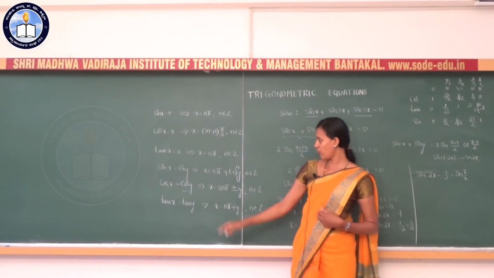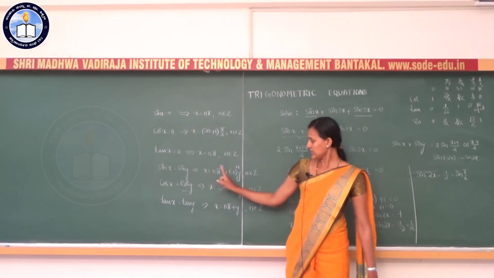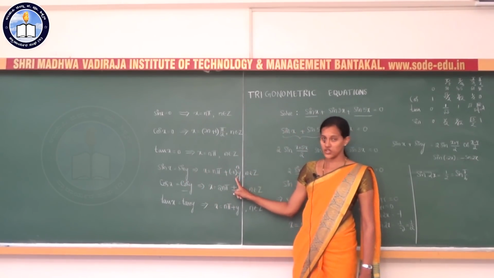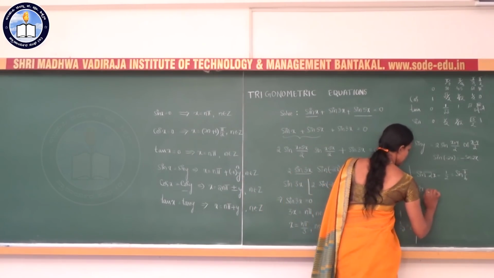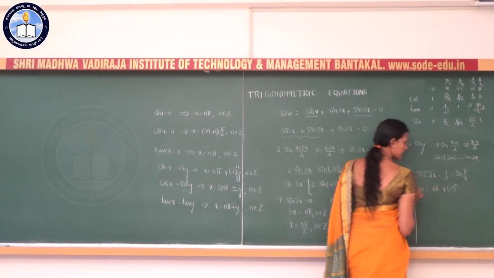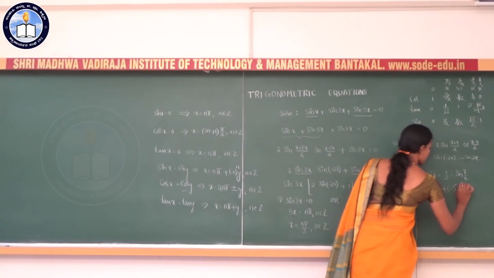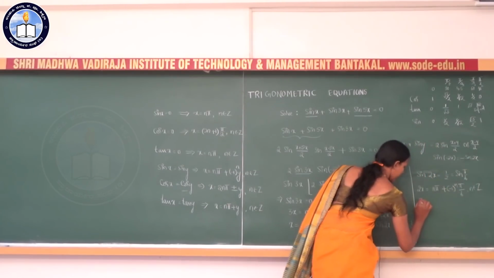So, we have it in the form sine x is equal to sine y. So, x is n pi plus minus 1 to the power n into y. So, here 2x is n pi plus minus 1 to the power n into y. Y is pi by 6. So, what is x?